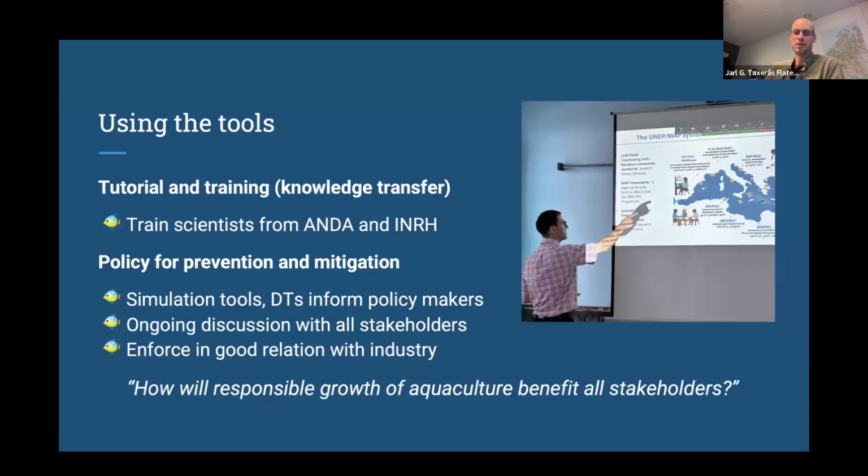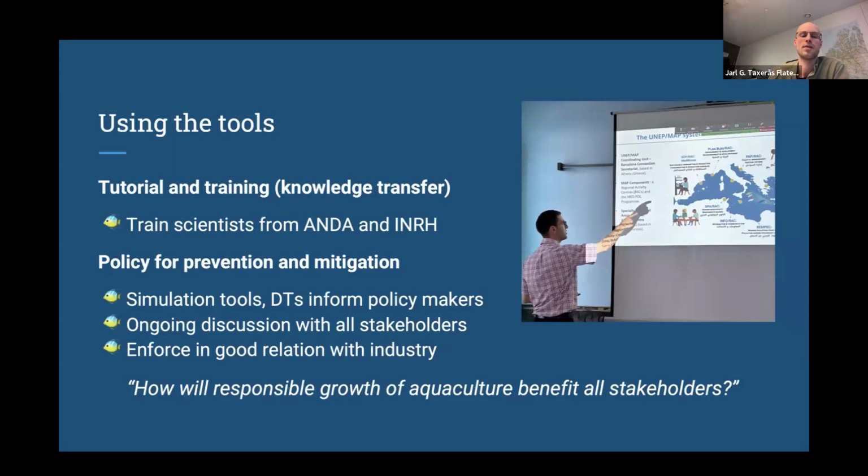And once you have the tools well developed, it's also important to be able to use the tools. And for this, we need knowledge transfer and tutorials. We were discussing back in that workshop in 2023 that it would be a good idea to have tutorials for knowledge exchange on how to use these tools, once they are in place.